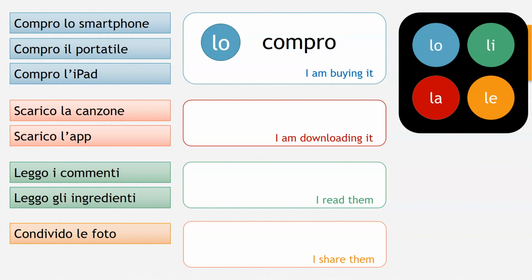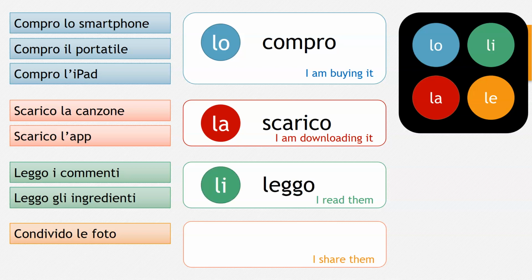When we've got the feminine nouns instead, scarico la canzone, scarico l'app, which is short for l'applicazione, and we're going to say I am downloading it, la scarico. So you can see it is matching with the gender and number. These are the first one, lo, masculine singular, la, feminine singular.